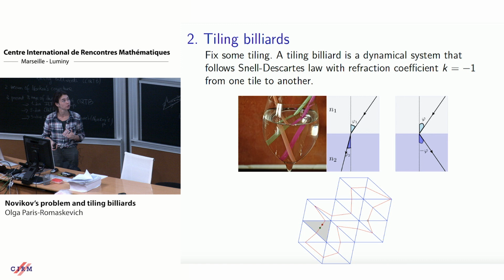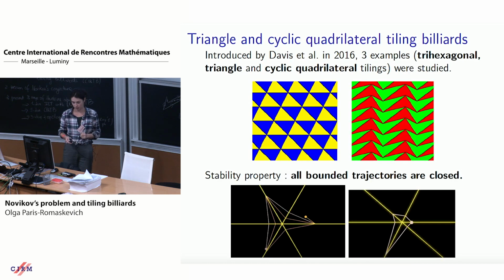As I said, a tiling billiard is a dynamical system that moves a ball through a tiling following the Snell-Descartes refraction law with coefficient -1. For now, I am concentrating on cyclic quadrilateral tiling billiards, but you can imagine any tiling you want, even not periodic, and try to study it.